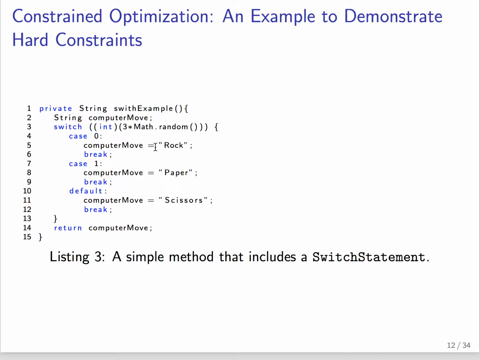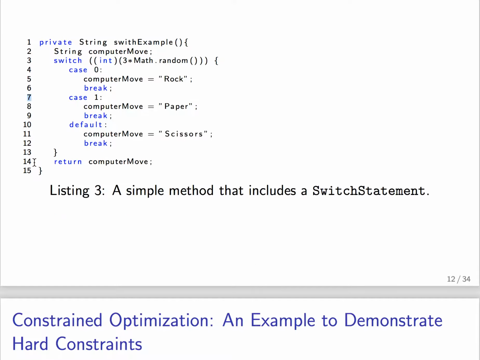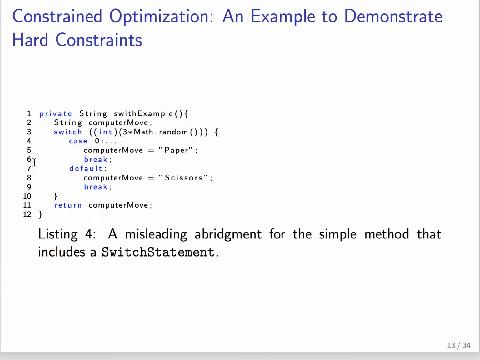And here, if I don't follow the control dependency and remove the statements in line 5, line 6, and line 7, here is the result. The problem is that this abridgment will mislead the user. In this case, the user will think, well, if the random number is 0, it will return paper, but actually the program returns rock. So this is very bad. So we would like to include all of the control dependencies as the hard constraint.